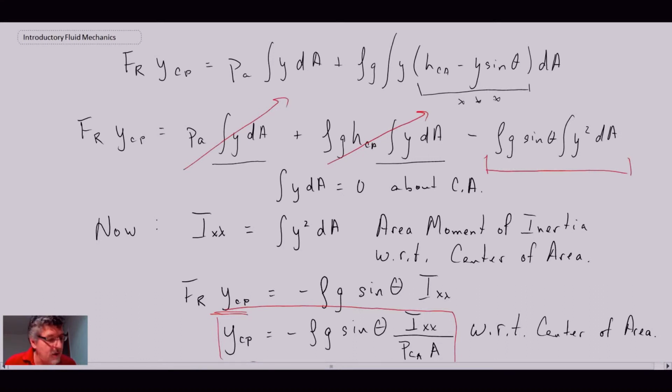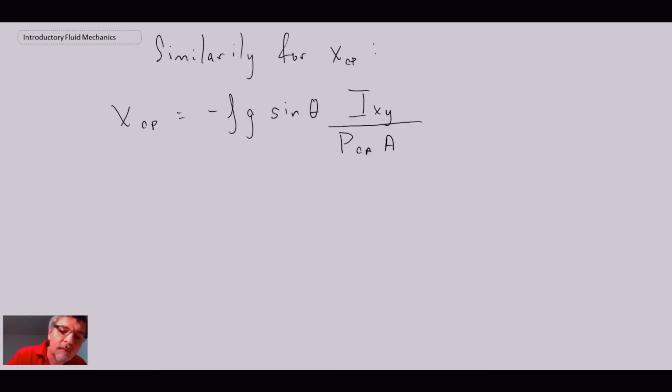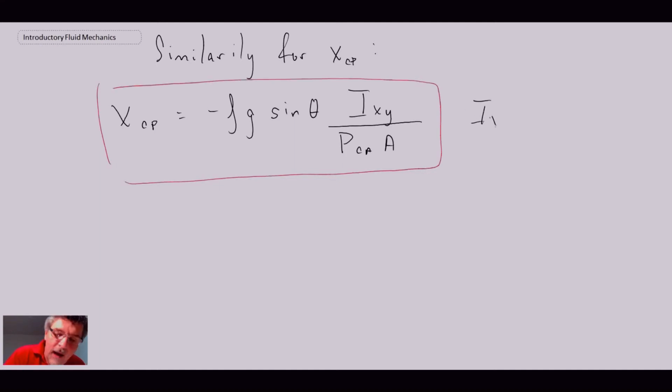Now let's continue on to find the x coordinate, and for that I'm just going to give you the result. So we have this expression here, and Ixy, again, is the area moment of inertia, with respect to the center of area.